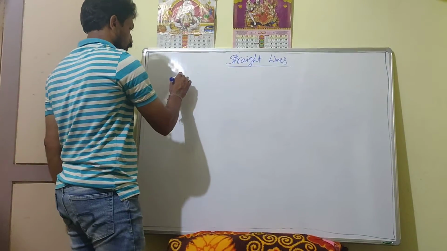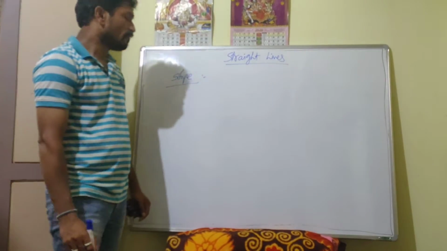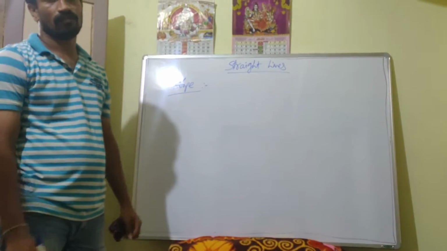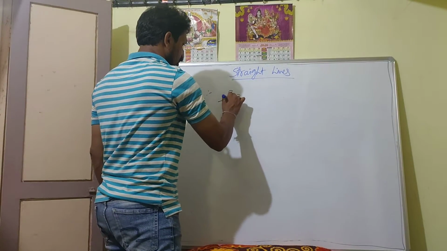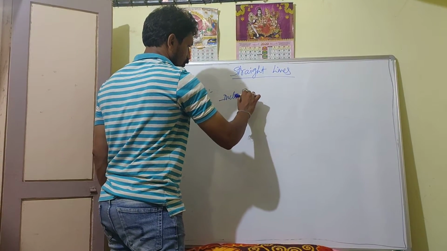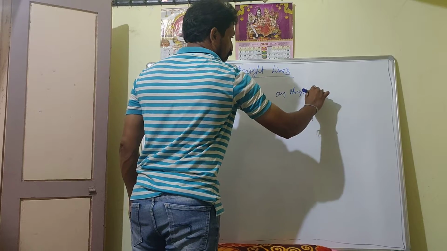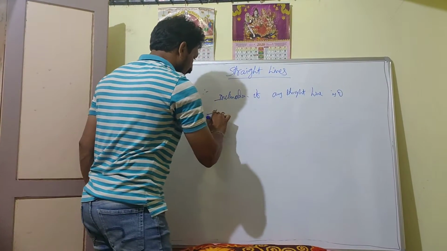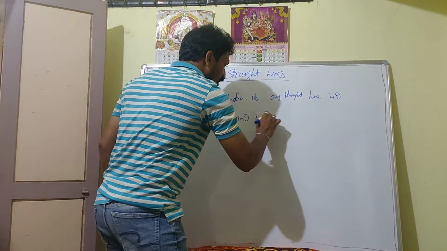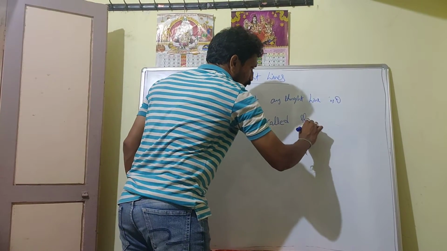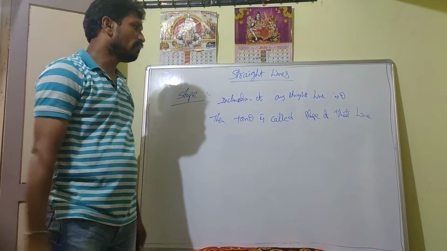Next one is slope. If the inclination of any straight line is theta, then tan theta, the trigonometric tangent function, is called the slope of that line.